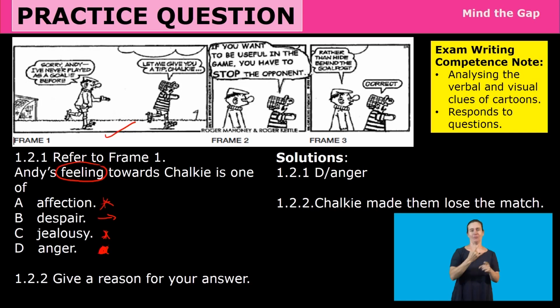Learners, let me just correct that. Andy's feelings towards Chalky is anger and not despair. I misinterpreted. I thought it was the other way around. So let's just fix that. Andy is feeling anger towards Chalky because he made them lose the match. He misinterpreted what needed to happen as a goalie.